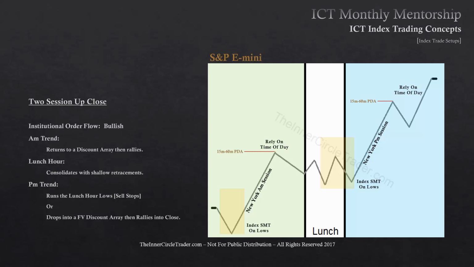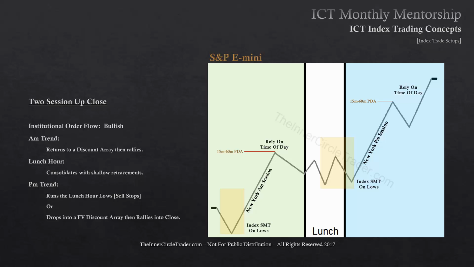The AM session and the PM session highs initially are most likely going to be a 15-minute or a 60-minute PD array. Now, since we're looking at a 2-session up close, both the AM session and PM session PD array is going to be a premium array. Again, it could be a 15-minute premium array or a 60-minute premium array, but you're aiming for that for both sessions.